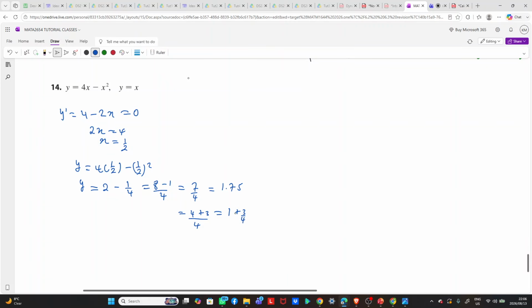And what is 3 over 4? 3 over 4 is 0.75. So yeah, you can find the number like that. Not that you will need that in any way, but suppose we don't know what we need, like we are doing your analysis. So our turning point will be at 1 over 2 and 7 over 4.